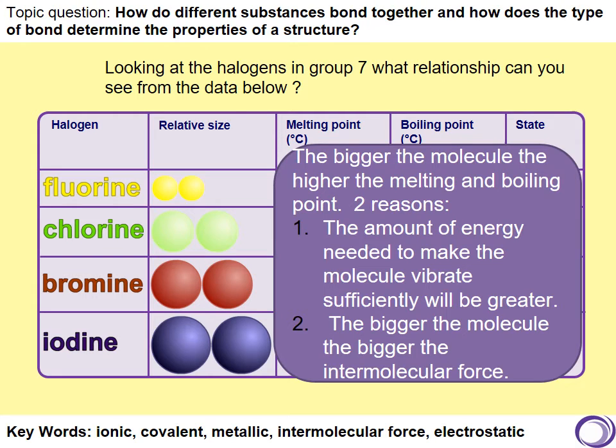Fluorine and chlorine would be gases, bromine is a liquid, and iodine is a solid. To summarise then, we can say the bigger the molecule, the higher the boiling point. And there's 2 reasons for this. The amount of energy needed to make the molecule vibrate will be bigger if the molecule is bigger, and also the bigger the molecule, the bigger the intermolecular force.